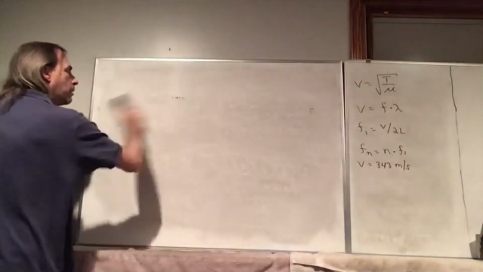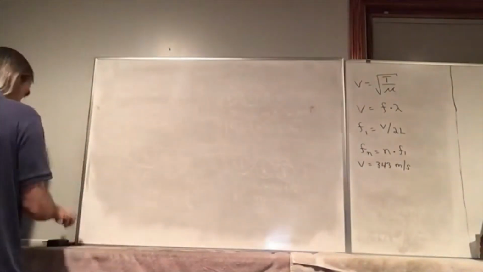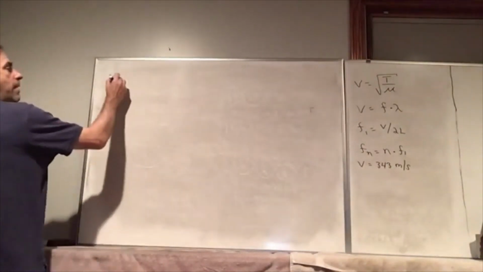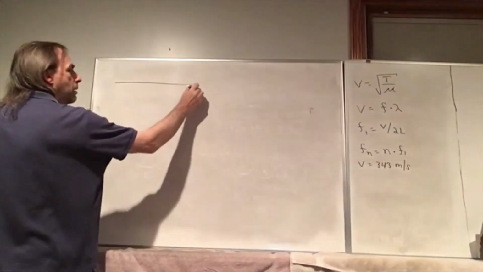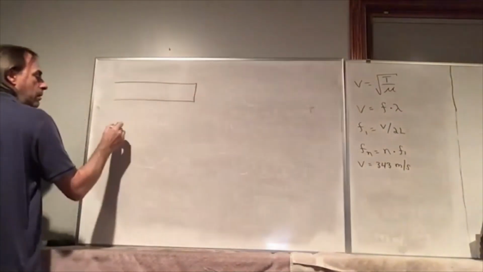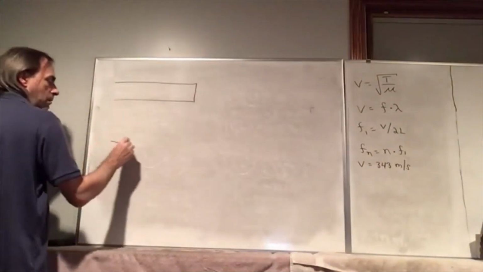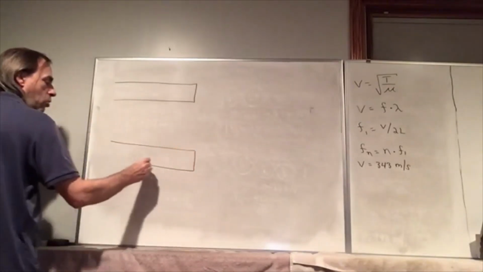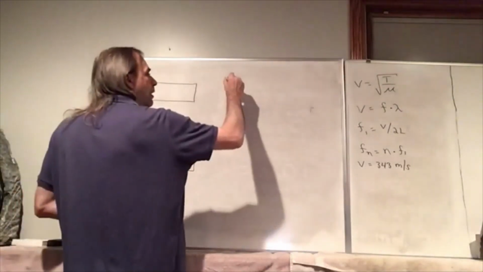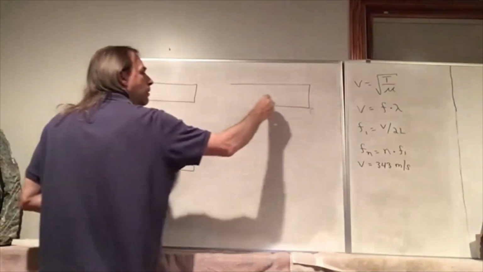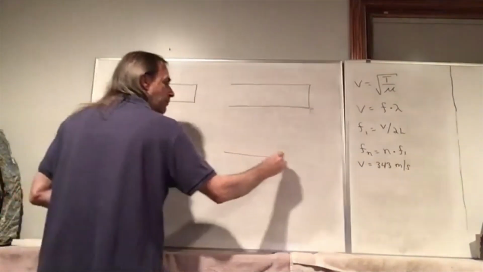So let's give that a go. So say we have a pipe that's open at one end and closed at the other. We can do 4 of these as well.